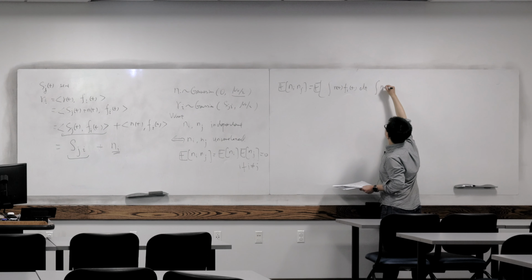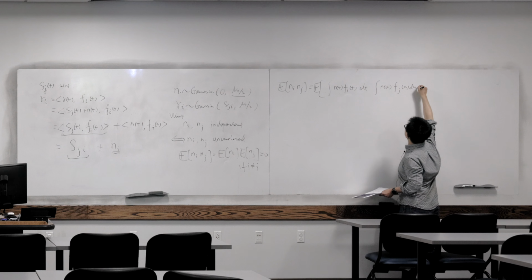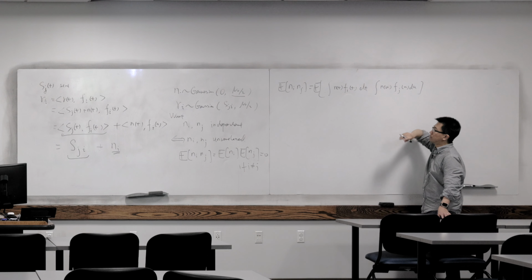Let's use another dummy variable here. Because we use t here, we use u, and Fj(u) du. Okay, so let's compute it.